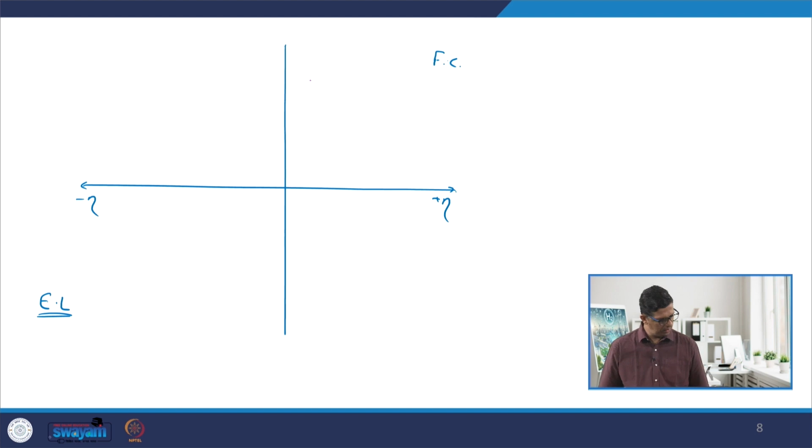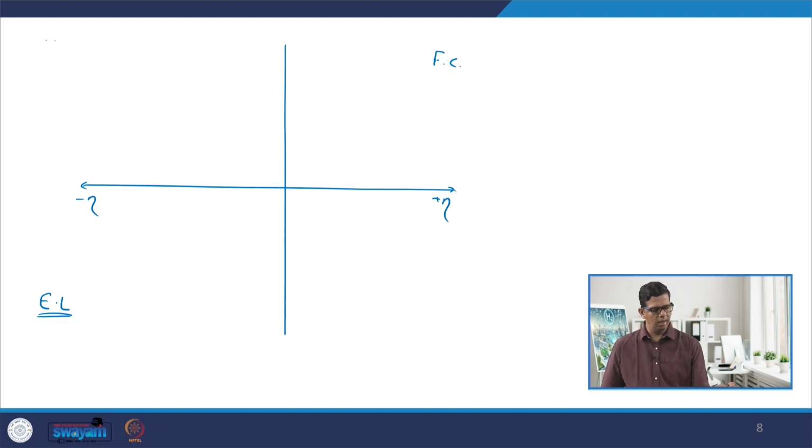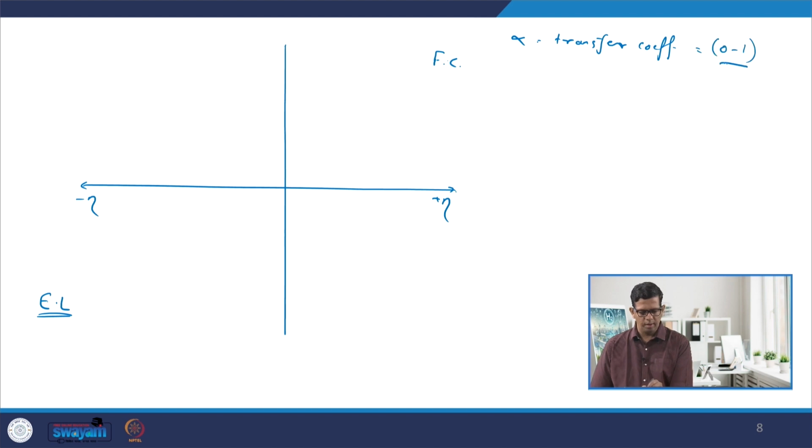As we know, alpha is the transfer coefficient, which has a value from 0 to 1. Typical value is around 0.5.